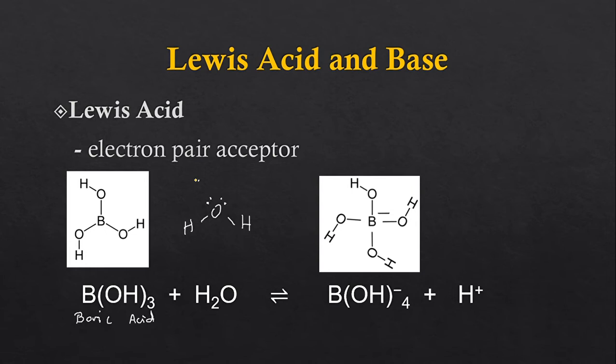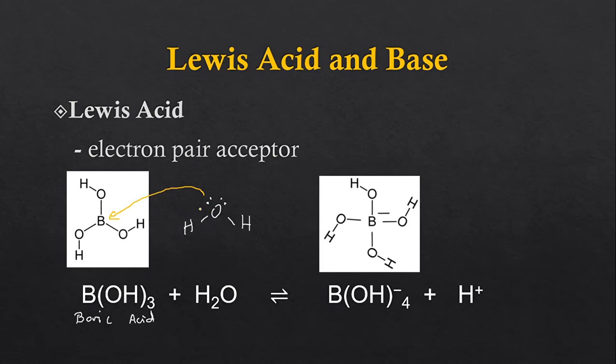Ayan. So itong mga electron pairs na ito, okay? Ito ay iko-connect kay boron. Okay? At dahil tumanggap ng electron pair itong si boron mula kay water, then it is a Lewis acid.